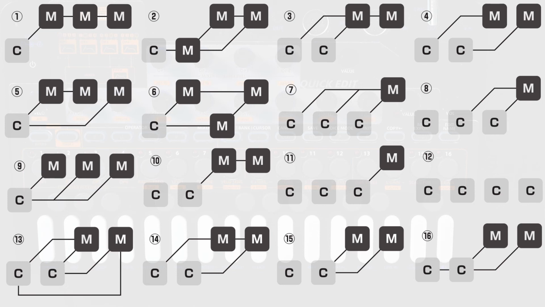So in the case of operator 3, we may choose to use the fourth operator, the one on the far right, as a sort of plucky transient sound, which will add complexity to operator 3, the first of the modulators in that algorithm. And that modulator in itself would adjust the timbre of the two carriers, which are audible.